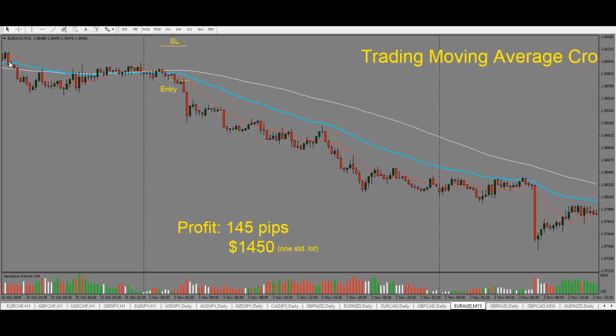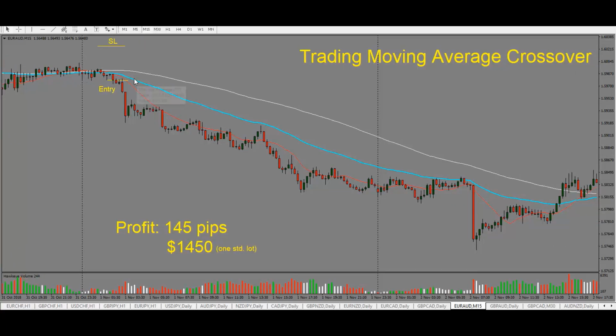Our 50 moving average, which was on the top, crosses our 100 moving average, which was on the bottom, to the downside, which shows that price is likely to move lower now. So we enter our trade short either at the close of this candle, which closes below our moving averages, or this candle here, which gives us some extra separation. Totally up to you, whichever one you feel comfortable with.